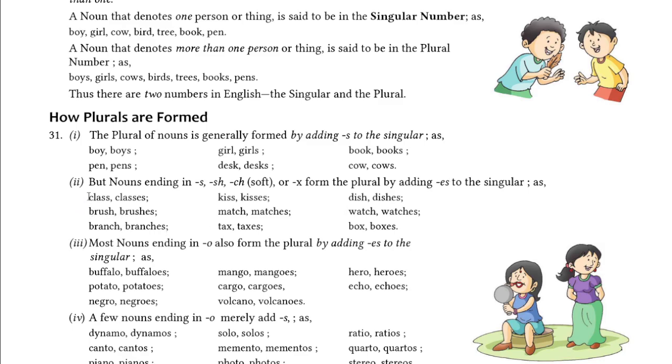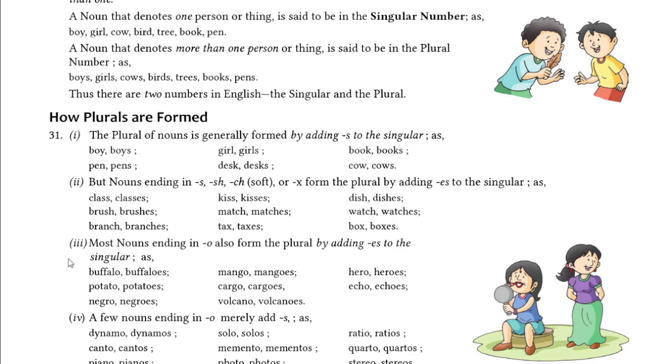Now look at the second set. There are some nouns which end in s. For example, class. Class ends in s. A noun which ends in s would take es at the end of it to form a noun in plural number.